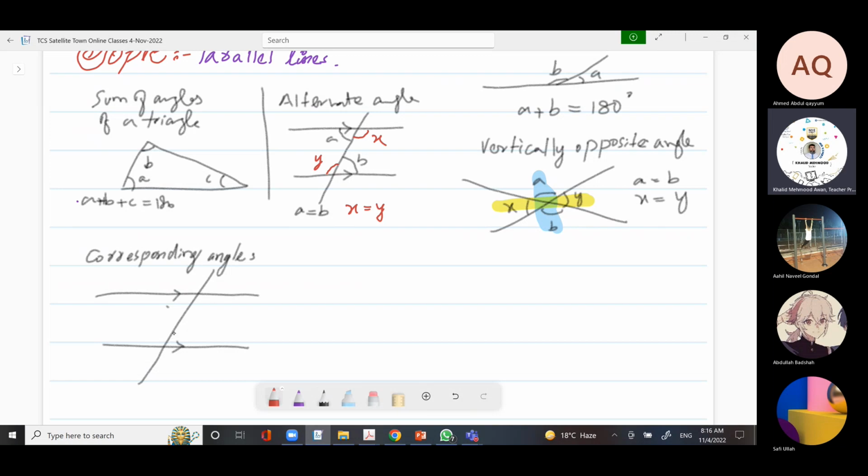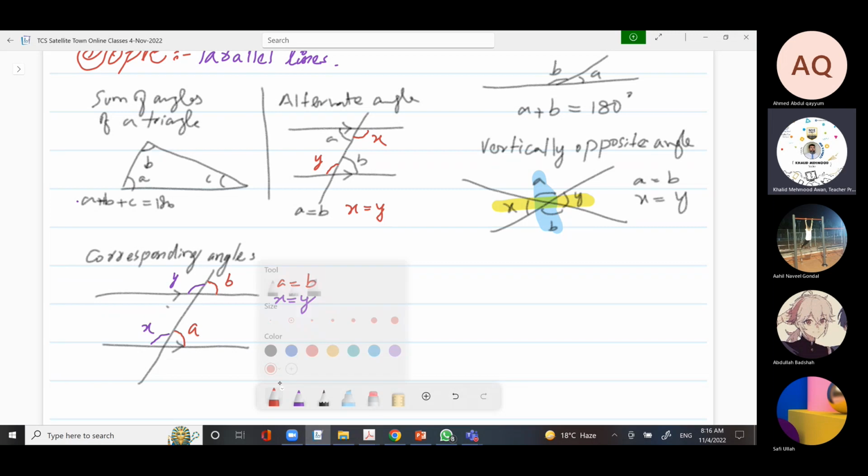If there is one angle at the bottom with the bottom parallel line on the same side, the exterior angle will be equal. So A is equal to B. Similarly, on the other side there is an interior angle X, and this will be equal to the same side exterior angle with the other parallel line, Y. So X is equal to Y.